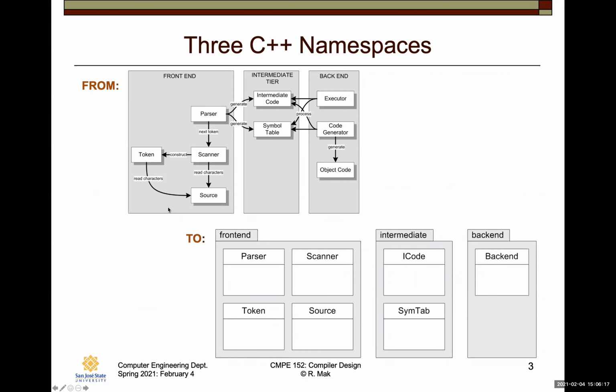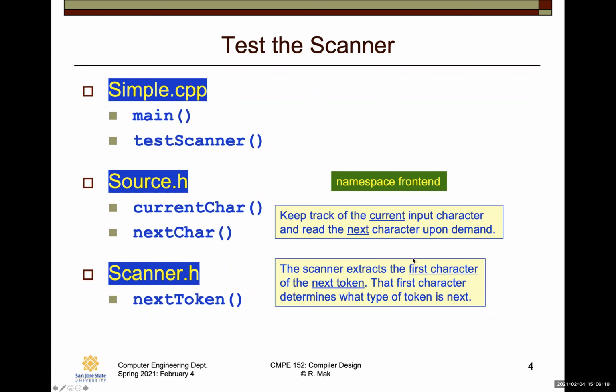Okay, so here, the whole purpose of the source class was basically that it represents the actual source file that contains the program, your Pascal program or whatever that you're translating. And it has 2 important member functions.